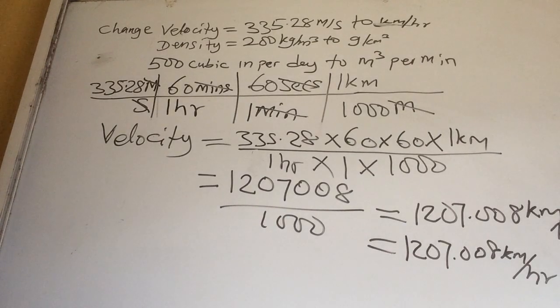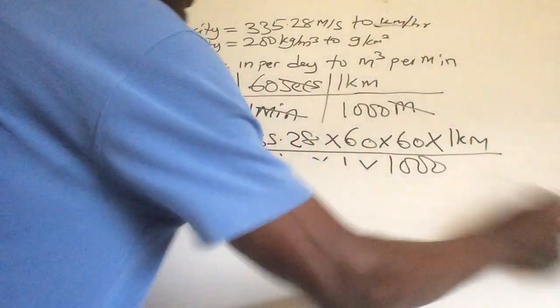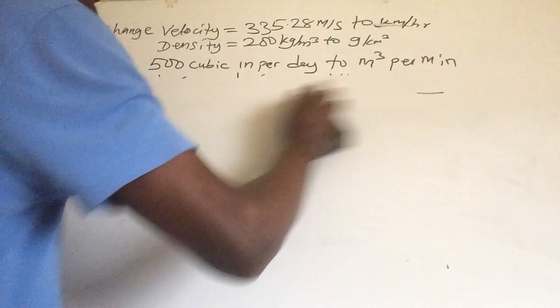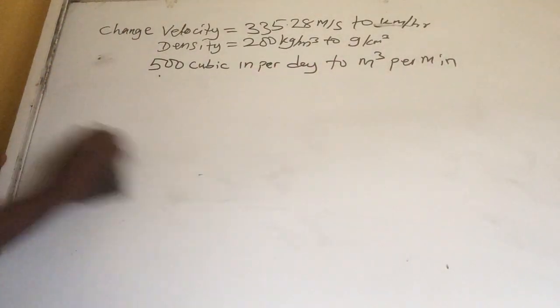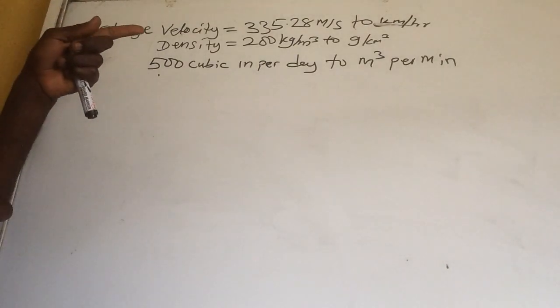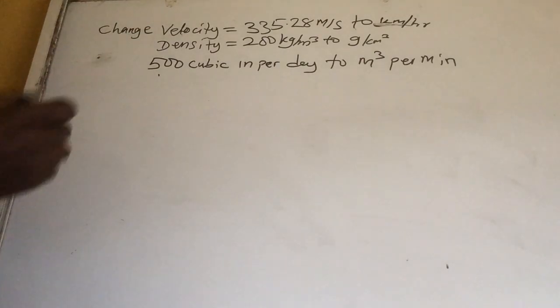The second question said that we should change density. We should change density which is in kilogram per meter cube to gram per cm cube.